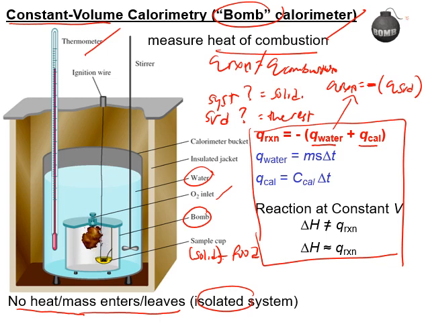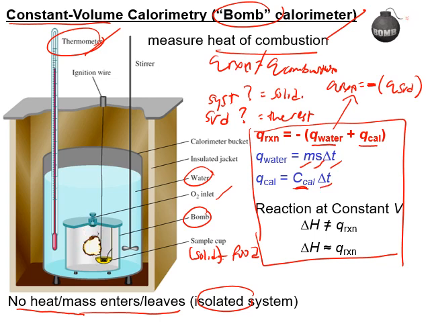For Q water, since you're putting a fixed volume of water, and we know that the density of water is 1 gram per mL, we can find the mass of water. The specific heat of water we know, and the delta T is measured by the thermometer. Move on to Q cal. Different calorimeters have different heat capacity values, so they will give us the C cal, the heat capacity of the calorimeter.